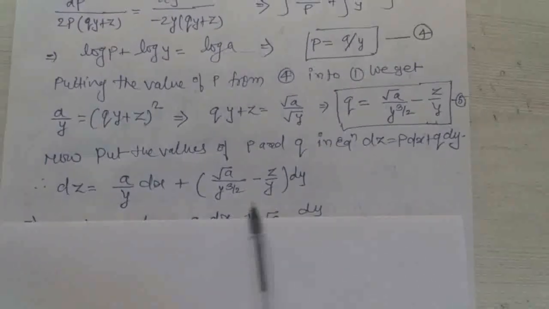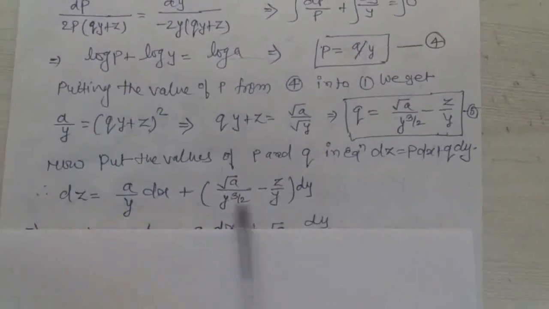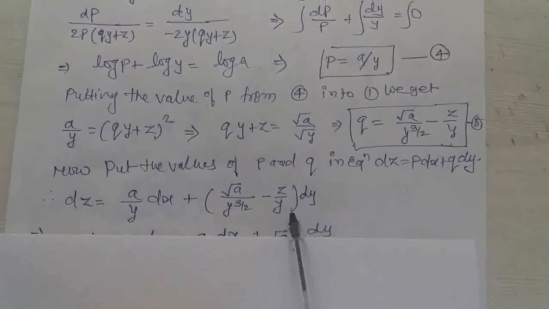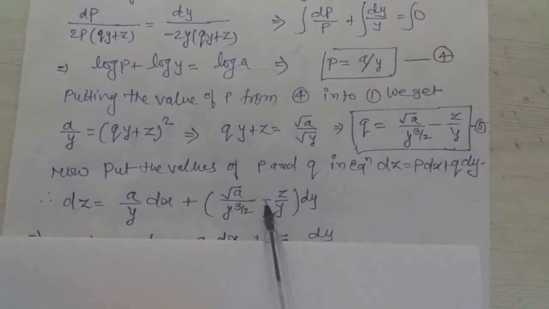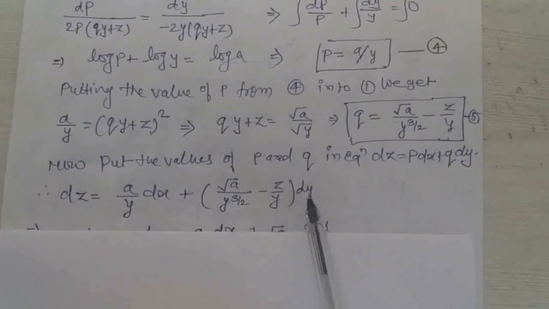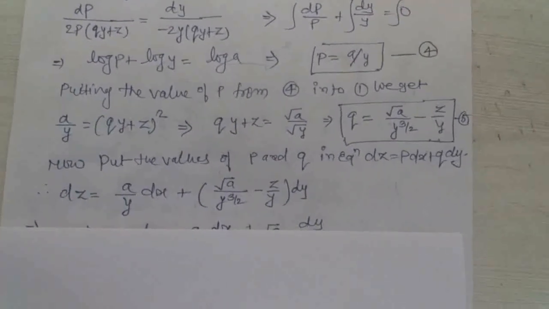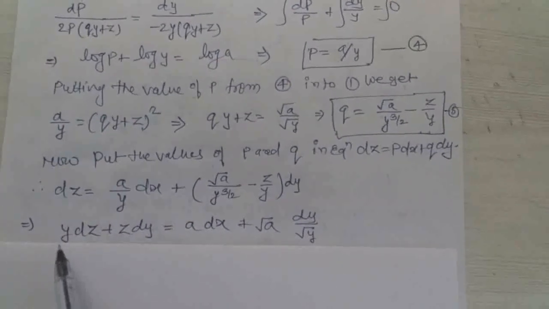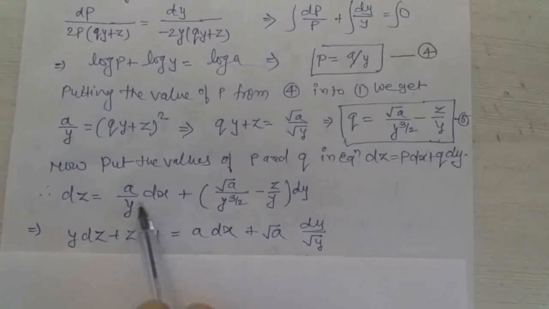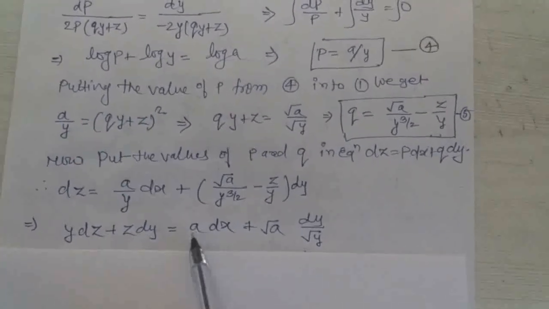So we multiply the whole equation by y. We get y dz, and here y cancels, minus z dy. So we transfer minus z dy to the left hand side, and we get y dz plus z dy equal to, here y cancels, so we get a dx.